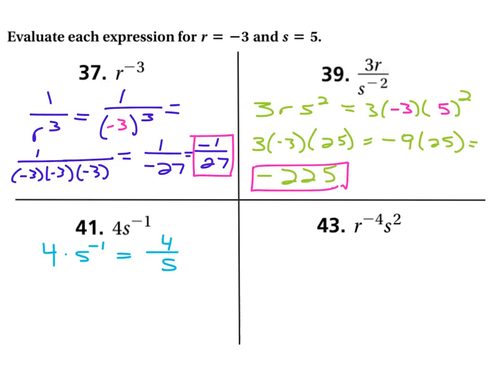Then what does that look like? We've got to say, that means 4 over, what is s? We're going to have to substitute s with its value, and they told us that s is equal to 5 up top. And evaluating that, you get 4/5.